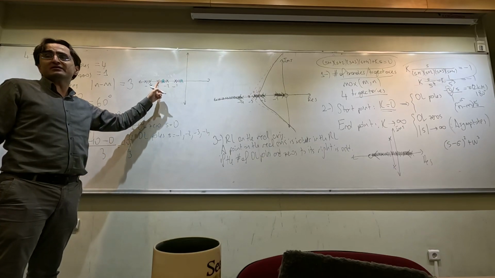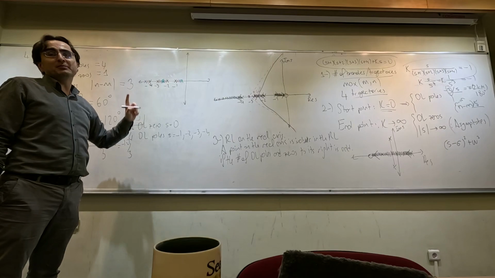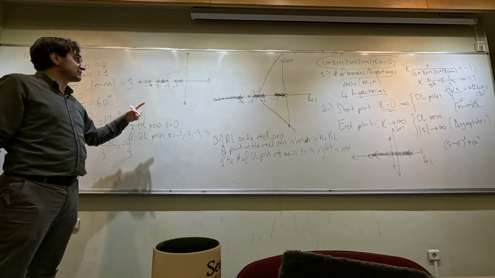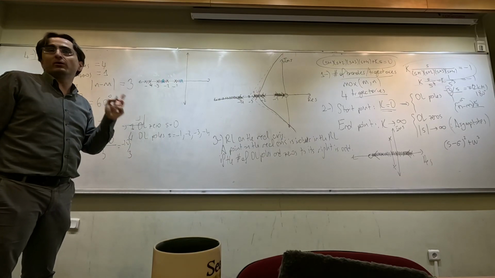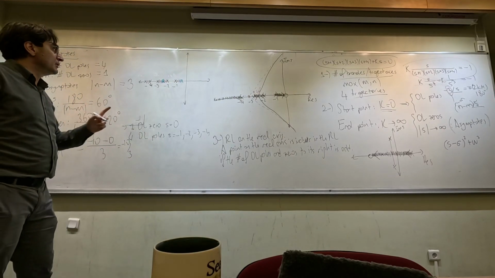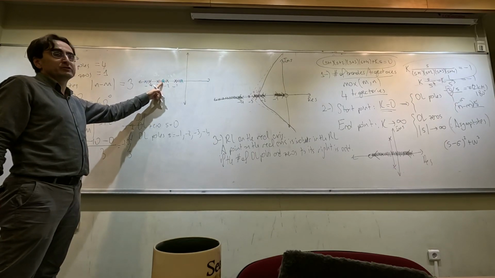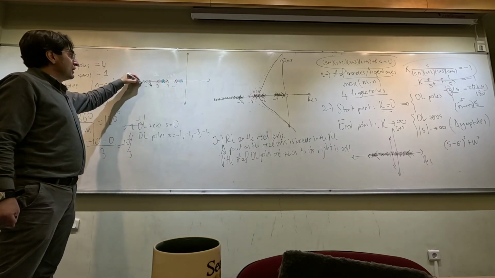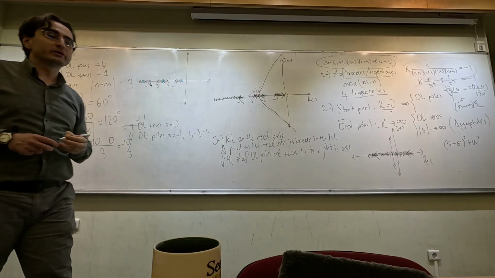This point does not have to be the point -2.5. Okay, it can be something other than that. We know that it's going to be between -2 and -3, but we don't know its exact location. For some k value, there will be two closed loop poles exactly on top of each other in this interval, and for that k value, there will be a closed loop pole here.